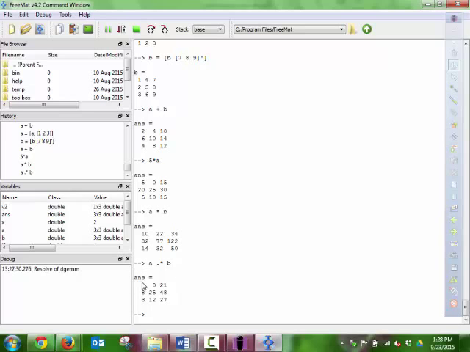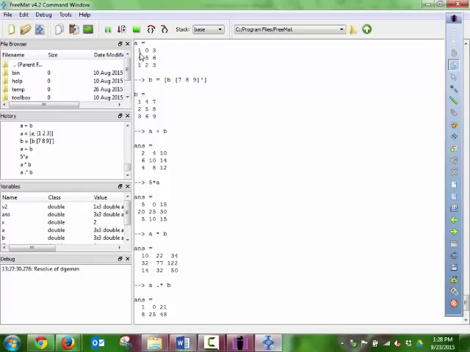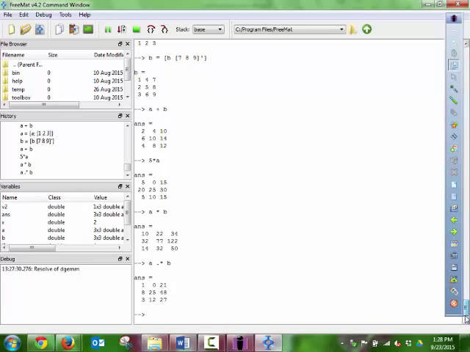The second one looks like it just multiplies each element. So A and B are here. A is a little bit off the screen here. So this is A. If you multiply 1 times 1, 0 times 4, 3 times 7, you're going to get 1, 0, 21. So in MATLAB, if you put a dot before you do the multiplication, then it's telling MATLAB to take each element and multiply it.